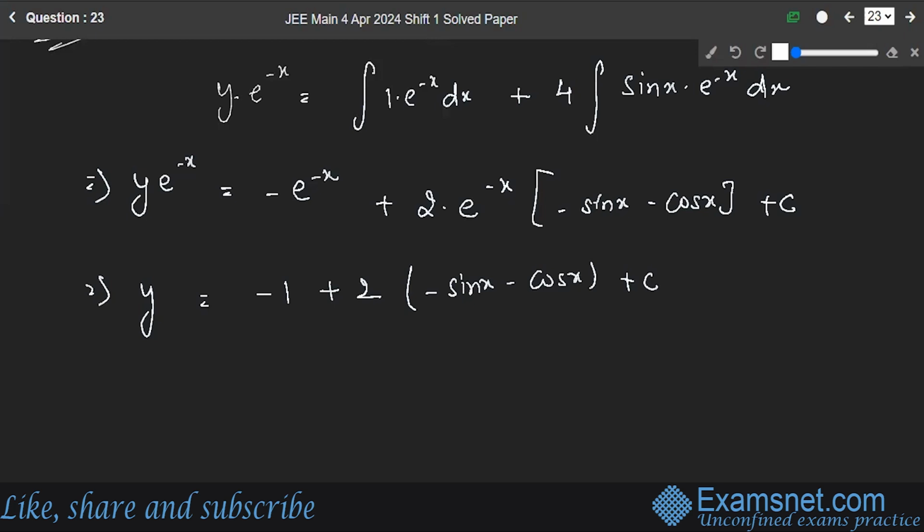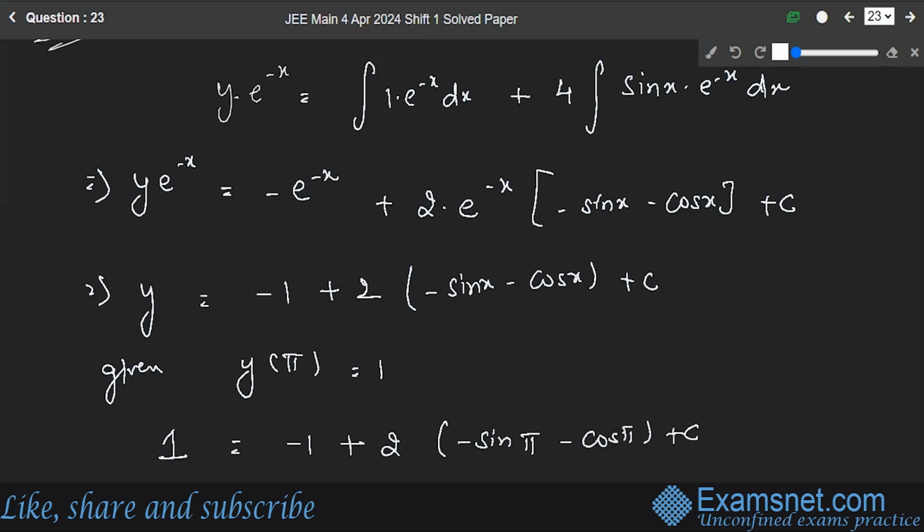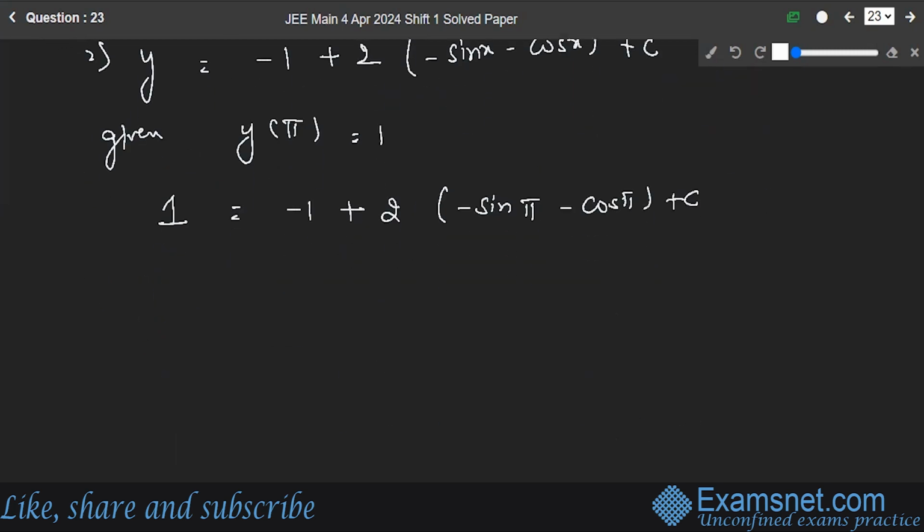Right. And now you are given that y of pi is equal to 1. So you will have 1 is equal to minus 1 plus 2 minus sine pi minus cos pi plus c. And this will be 1 is equal to minus 1 plus 2 times 0 plus 1, because cos pi is equal to minus 1.